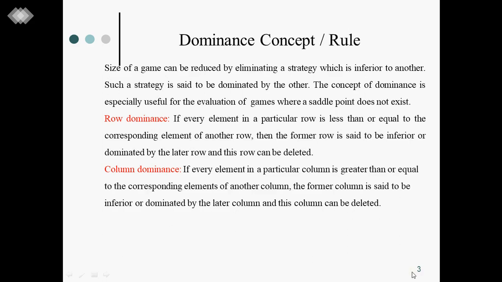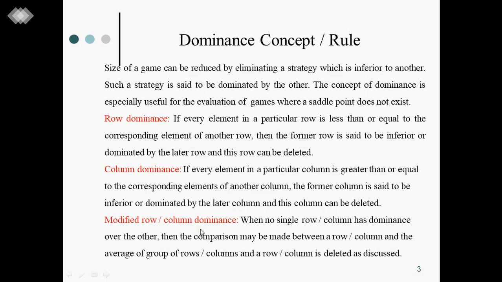However, through a numerical, we'll see what is row dominance, what is column dominance, and modified row or modified column dominance. Sometimes there will not be pure dominance, when no single row or single column has dominance over another. Then the comparison may be made between a row or column and the average of a group of rows or columns, and a row or column is deleted as discussed.